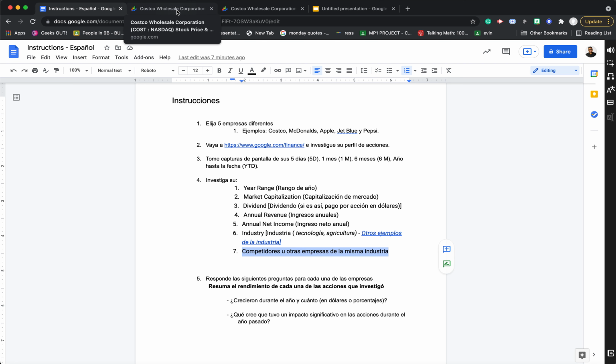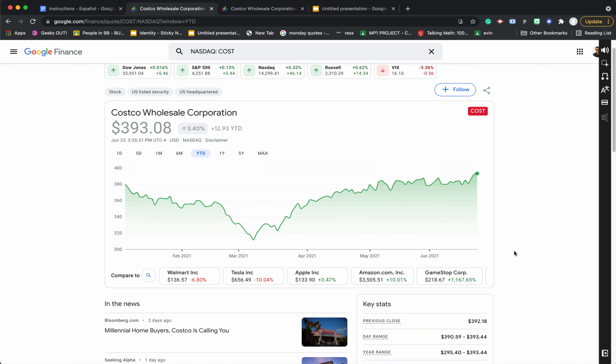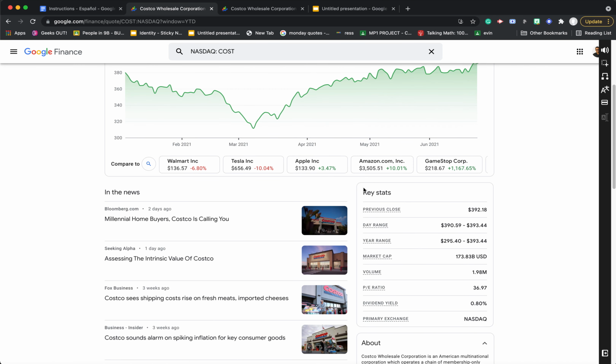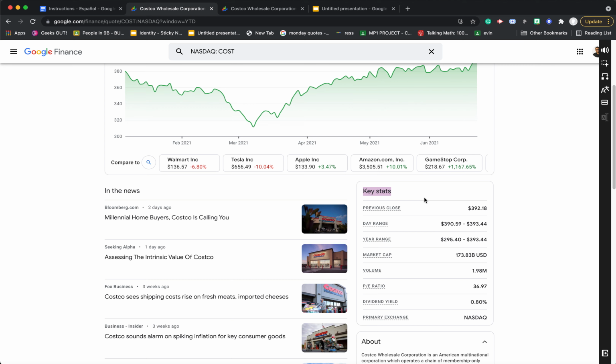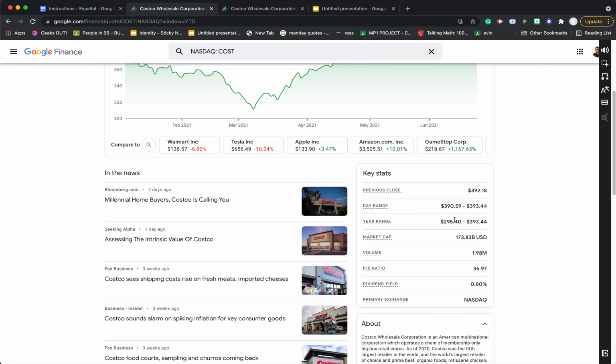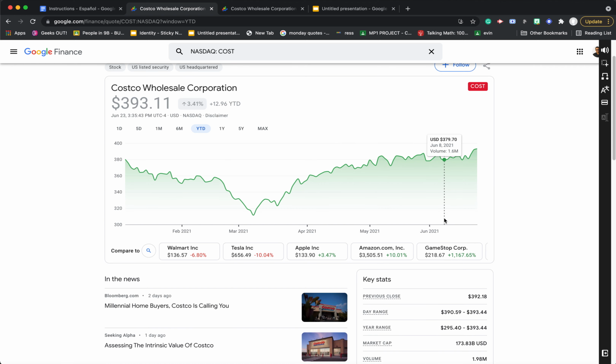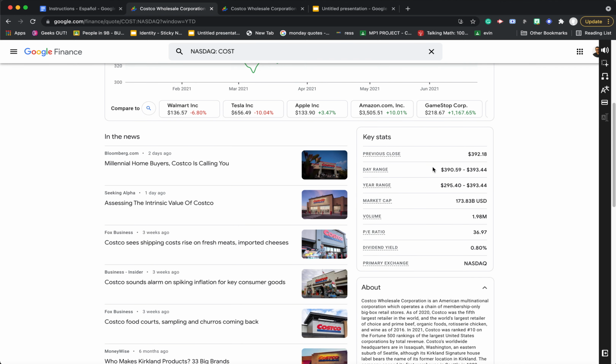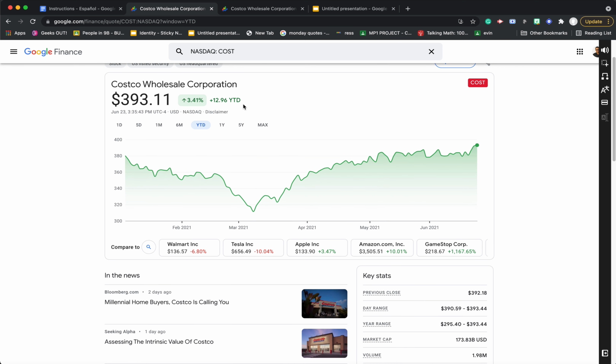I can find all this on Google Finance. I come down to key stats. Here we have the year range. In my slides, I'm going to put the year range, market capitalization, and the dividend yield. Let me show you what to do on the slides.